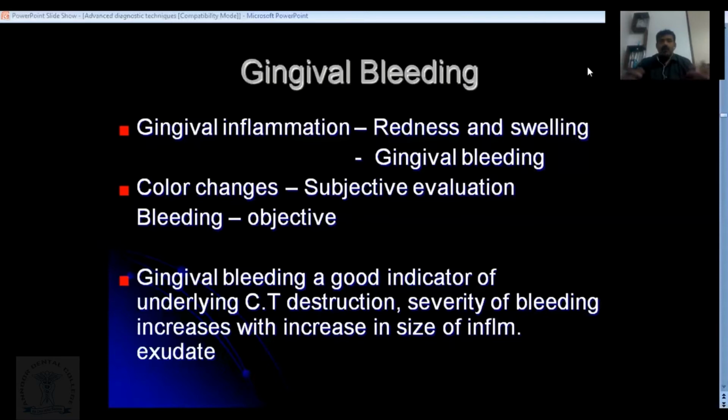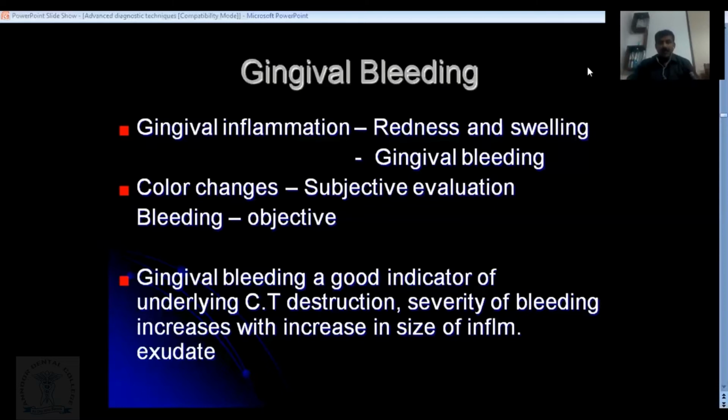But when you look at bleeding, if I probe in a correct manner and there is bleeding on probing, and another person probes similarly, there will be bleeding on probing. That is more of an objective evaluation. So you don't use the color changes to evaluate the inflammation of the gingiva; you look for bleeding.